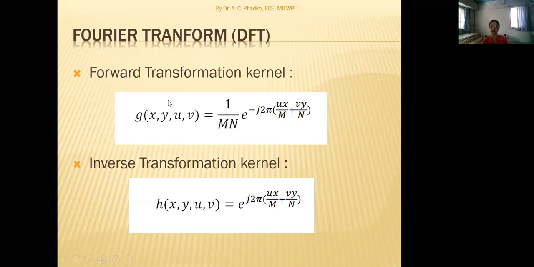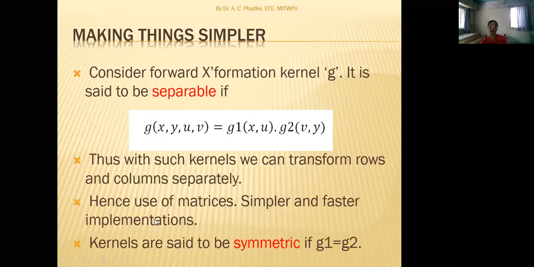And like the forward transformation kernel, this is the equation for the inverse transformation kernel of the inverse discrete Fourier transform. So this h(x, y, u, v) is given by e raised to j 2 pi (ux by M plus vy by N). So this is your inverse transformation kernel for 2D DFT.